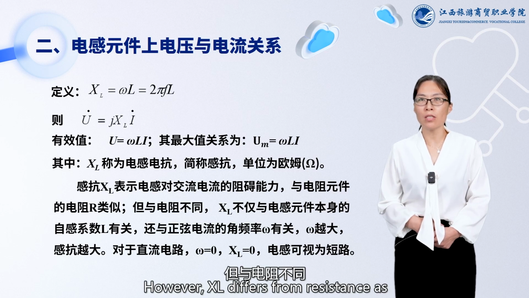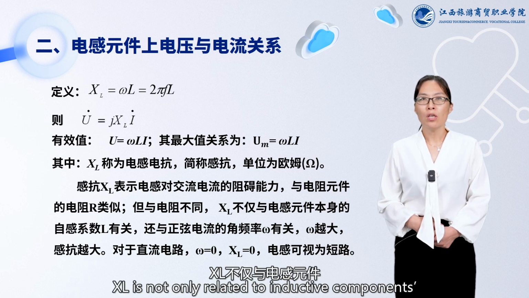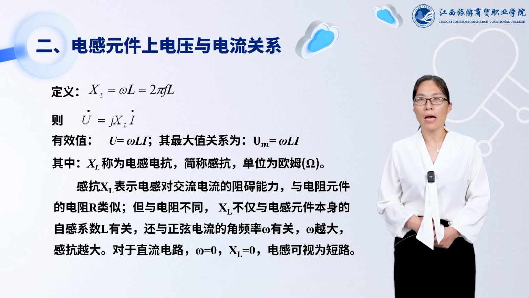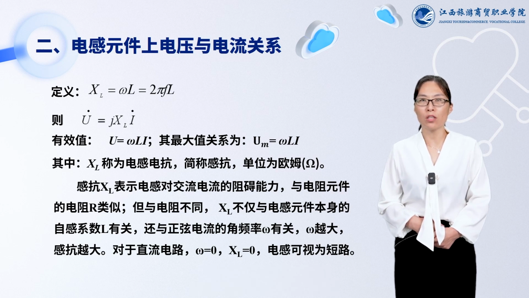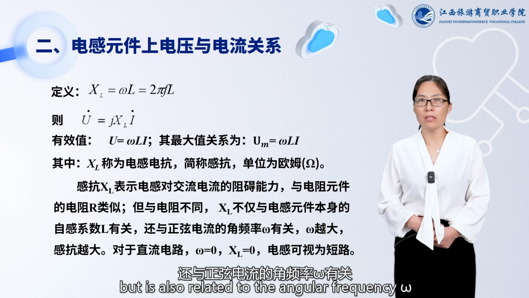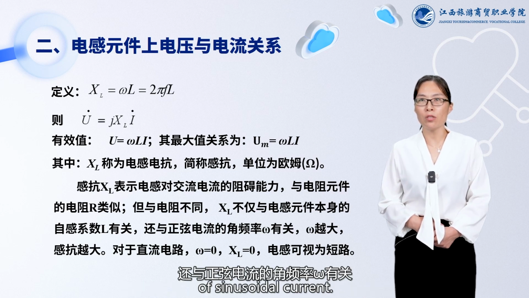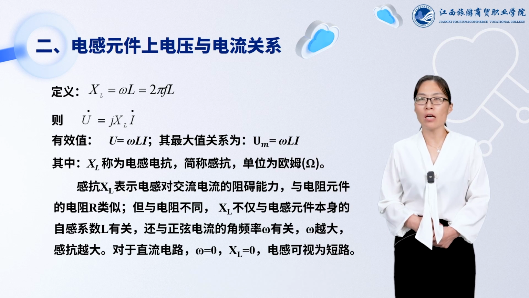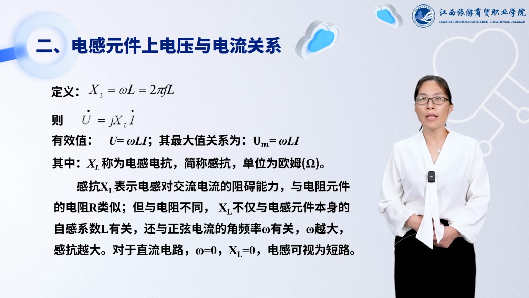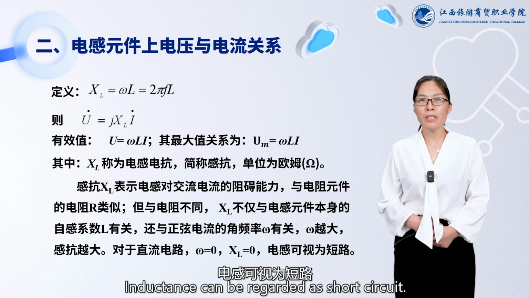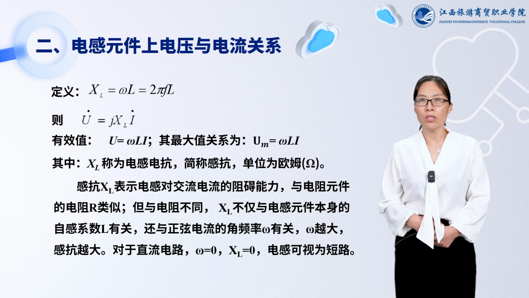However, XL differs from resistance as it is not only related to the inductance L itself, but also to the angular frequency omega of the sinusoidal current. The bigger the omega, the larger the reactance. For DC circuits, omega equals 0, XL equals 0, and the inductance can be regarded as a short circuit.